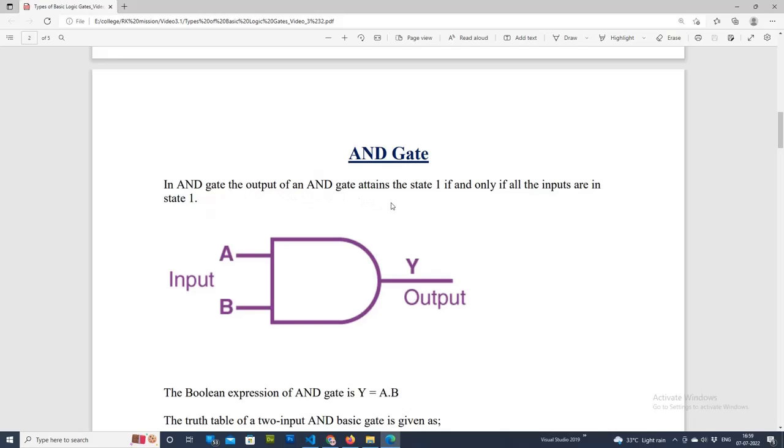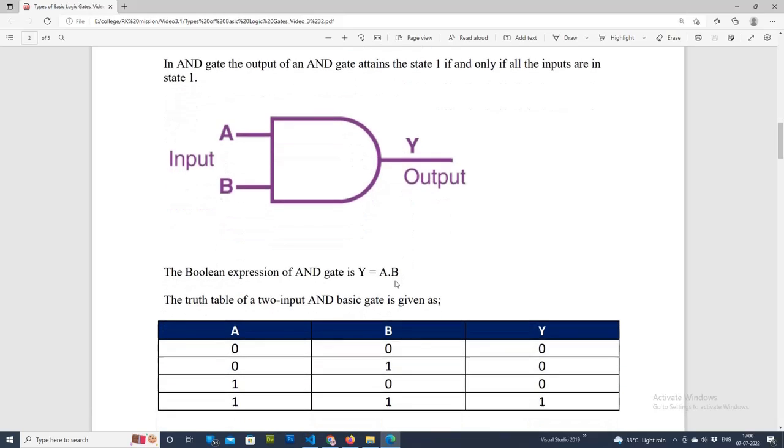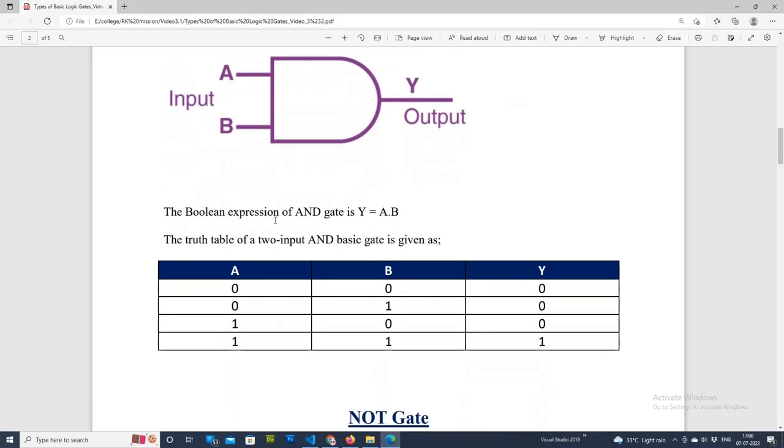AND gate. The output of an AND gate attains the state of 1 if all the inputs are in the state of 1. If a equals 1 and b equals 1, the output will be 1. The Boolean expression of the AND gate is y equal to a dot b. The truth table of the two-input AND gate has a as 0 0 1 1 and b as 0 1 0 1.